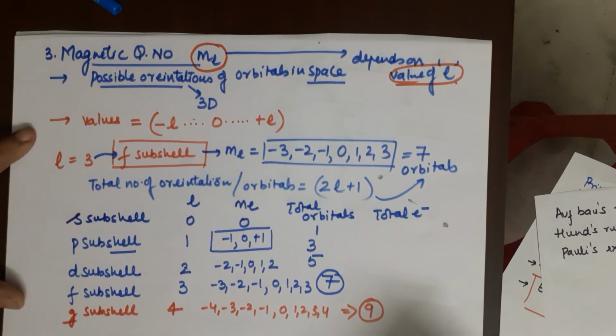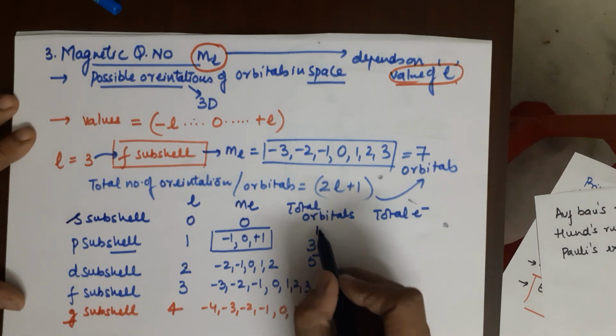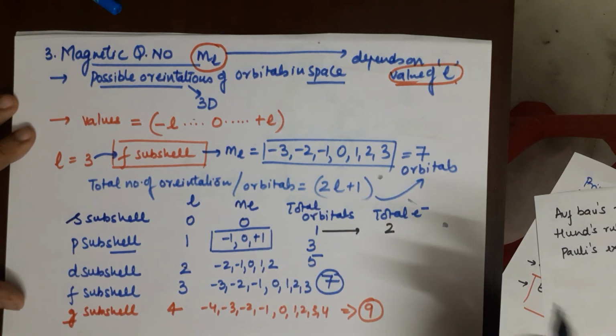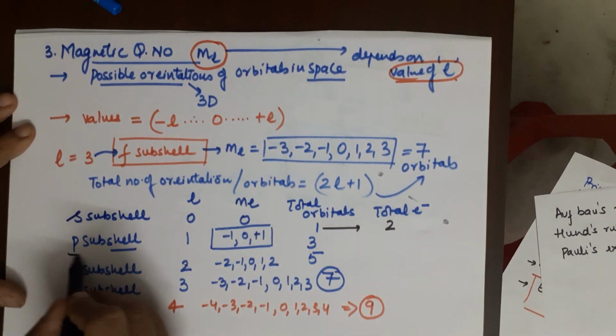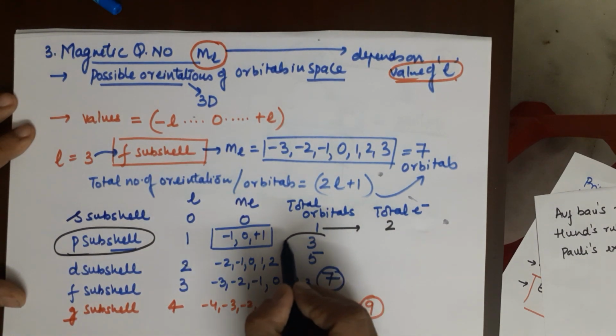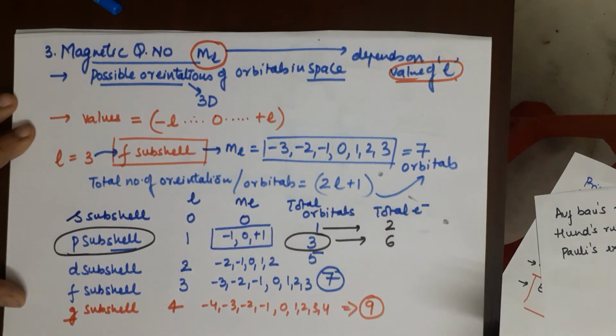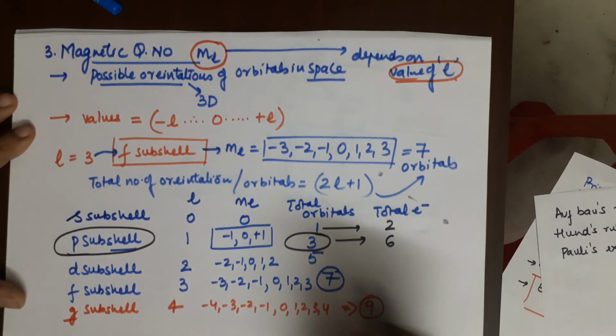Taking that as our basis, if we come back to what we did during the magnetic quantum number, if you have a total number of orbitals as 1, then the electrons will be 2, one clockwise, one anti-clockwise. If you have a p subshell which has a total number of orbitals as 3, the total number of electrons is going to be 6 electrons, 3 clockwise, 3 anti-clockwise.